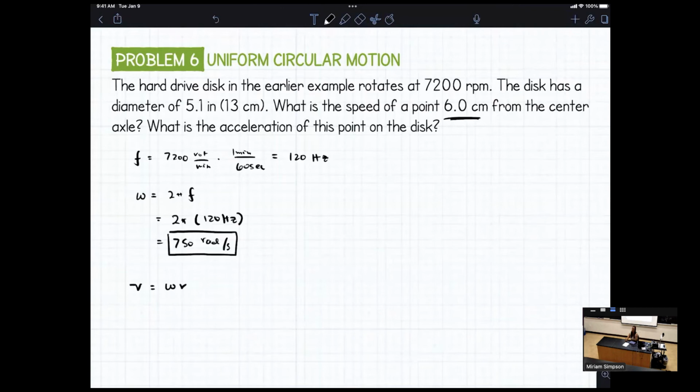The edge would be 6.5 centimeters from the axle. So we say, okay, we have 750 radians per second, and if it's 6 centimeters, that's our radius, so that's going to be 0.06 meters. And that's going to give us 45 meters per second.